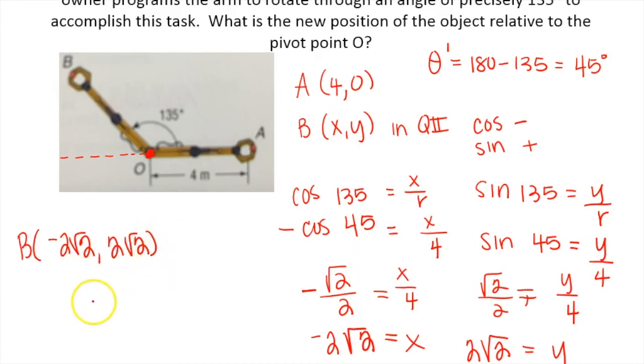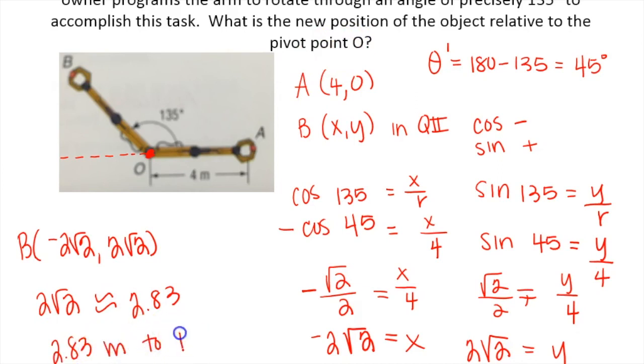And 2 square root of 2 comes out to be, as a decimal, about 2.83. So if you're talking about the new position relative to the pivot point, then we have moved 2.83 meters to the left, so this way, and now we are in front of the pivot point since it moved up.